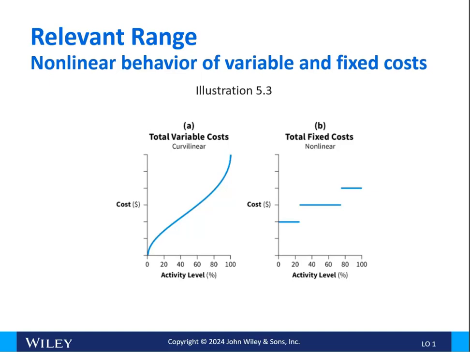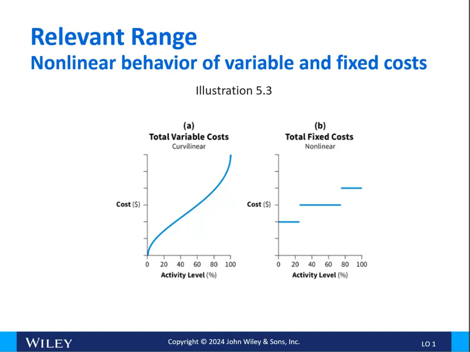And then on the fixed costs, being nonlinear, we have a certain fixed cost at the low level of activity, the medium level of activity where the cost steps up but then remains flat for a while, and then looks like at about 80,000 or 80%, it steps up again and then remains flat.